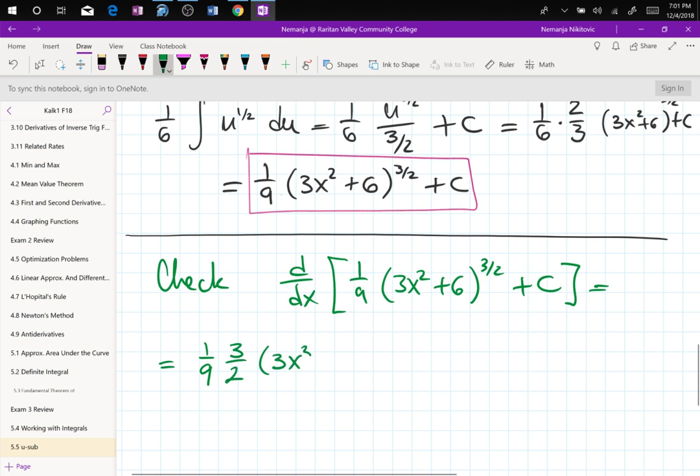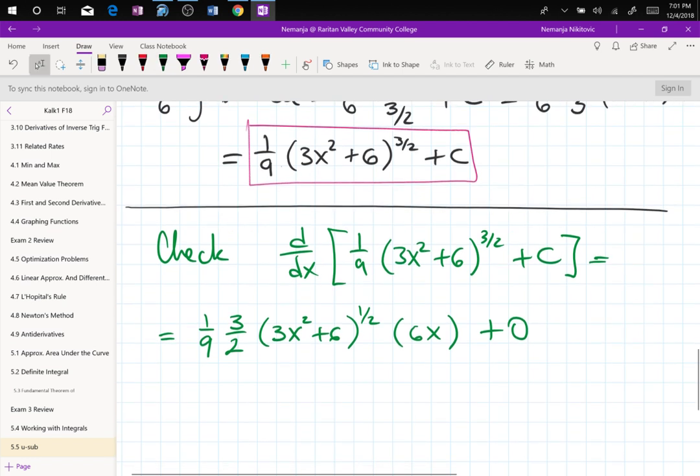We keep the 3x squared plus 6 for now. And then we get 1/2, right, because minus 1. Then times the derivative of the inside, which is 6x. And then plus the derivative of c, which is 0. Are we all green on this? Good.